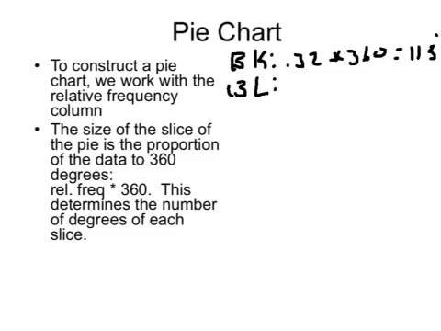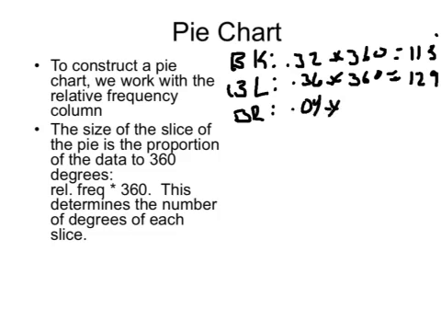For the blue, we have 0.36, multiply that by 360, and that's going to be about 129 degrees. For our brown, we had 0.04, multiply that by 360, and that's going to equal about 14 degrees.